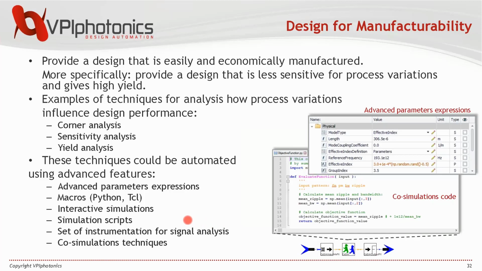Further, for control of our simulation, we will use interactive simulation techniques and simulation scripts. You already saw an example of a simulation script when we did optimization. As I already mentioned, a set of instrumentation is also important to have in place, and if you miss something, it is important to be able to add custom modules to extend this library.